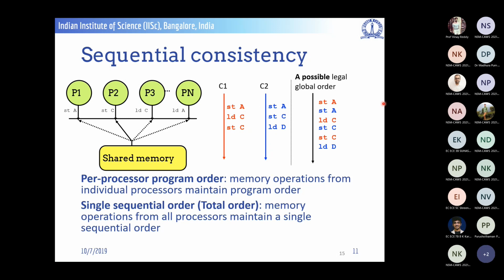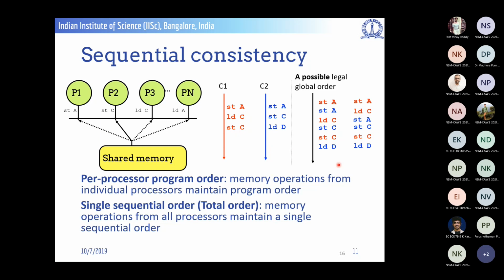Another possible order that could also be sequentially consistent is this, where these two instructions from C1 appear first, then the two instructions from C2 get done in the memory, and so on.